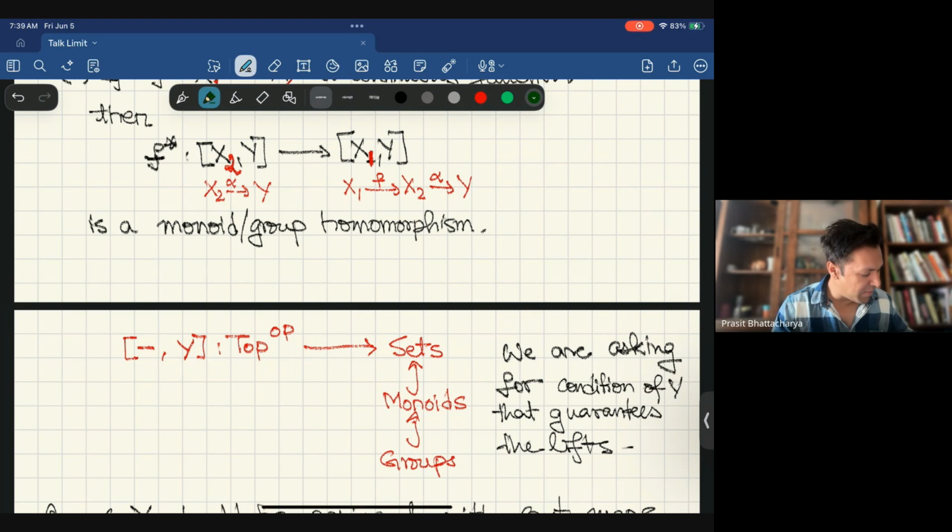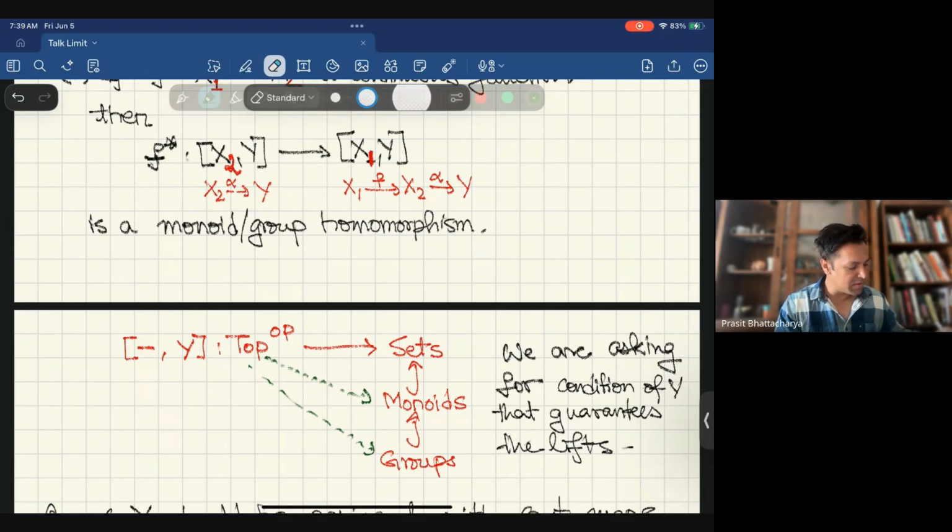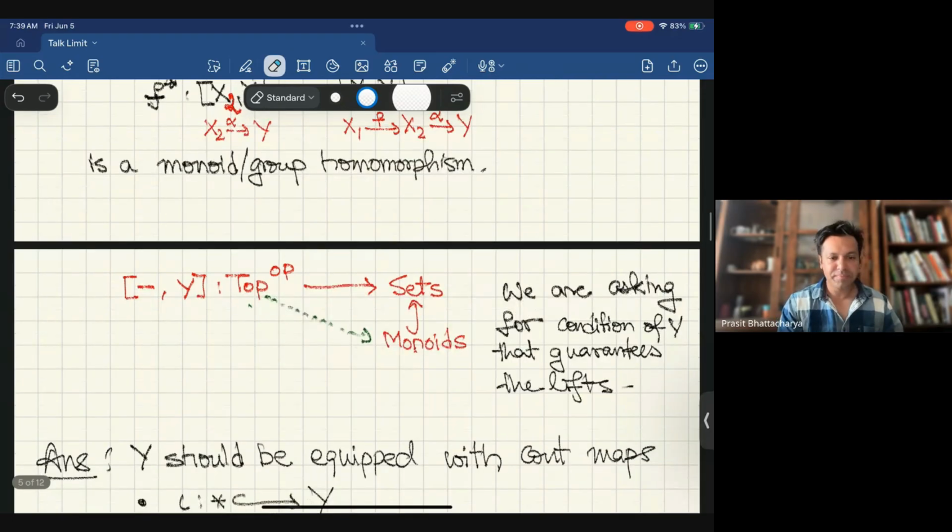So basically, I want to understand when it lifts here and when it lifts here in this world. That's what I'm asking. And for today's talk, let me just not focus on this part.